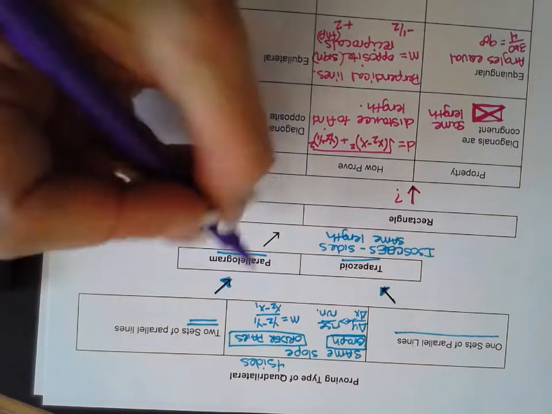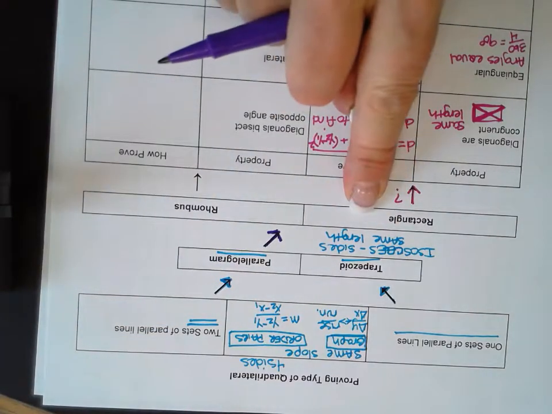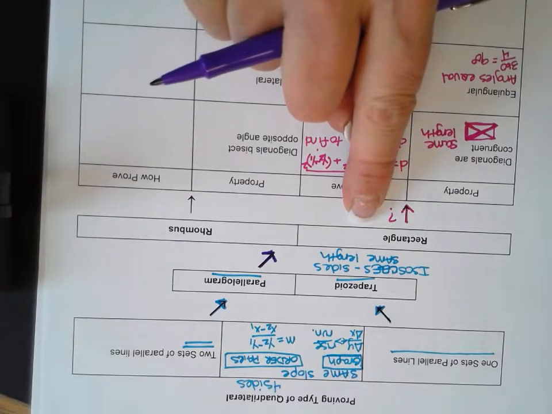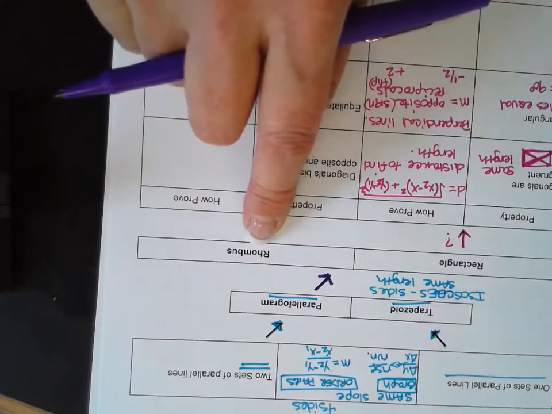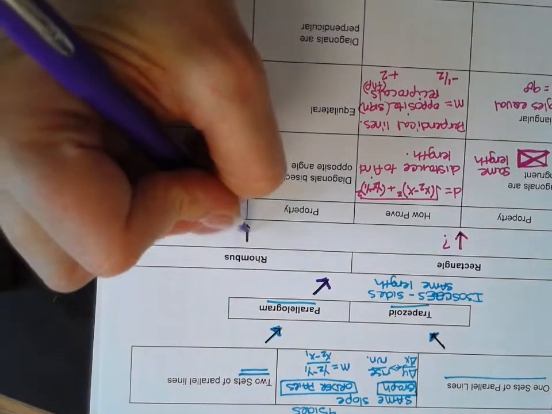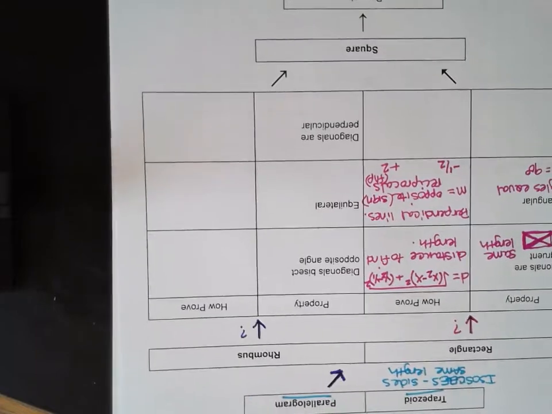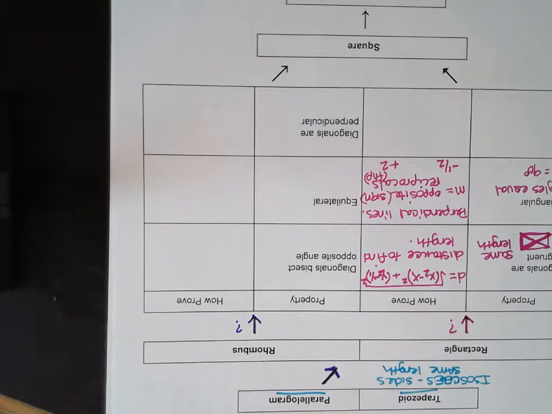Okay, so if it was a parallelogram, you have two choices. We just talked about how to prove whether it's a rectangle. And the other choice would be if it's a rhombus. Okay? So, we're going to look at, are we a rhombus? The property of the rhombus is that diagonals bisect opposite angles.